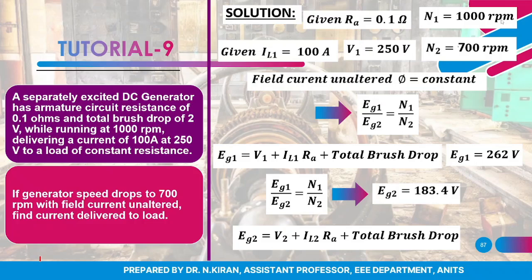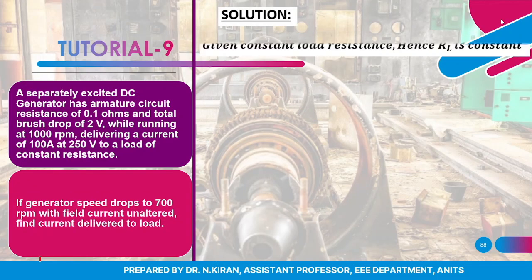Total brush drop I know, RA value I know, but IL2 and V2 I do not know. Since I have two unknowns here, remember that it is given in the tutorial that the load is of constant resistance, so it means RL is constant.